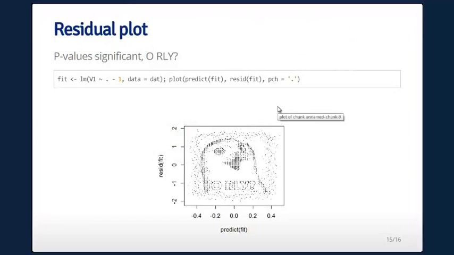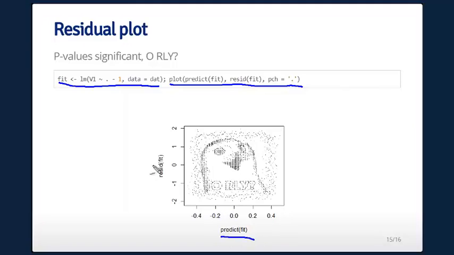But there's clearly an evident pattern in the residuals, because if you fit the model and then plot the residuals versus the predicted values, which, if you have a multivariable regression model, is often useful, there's obviously some sort of pattern there.